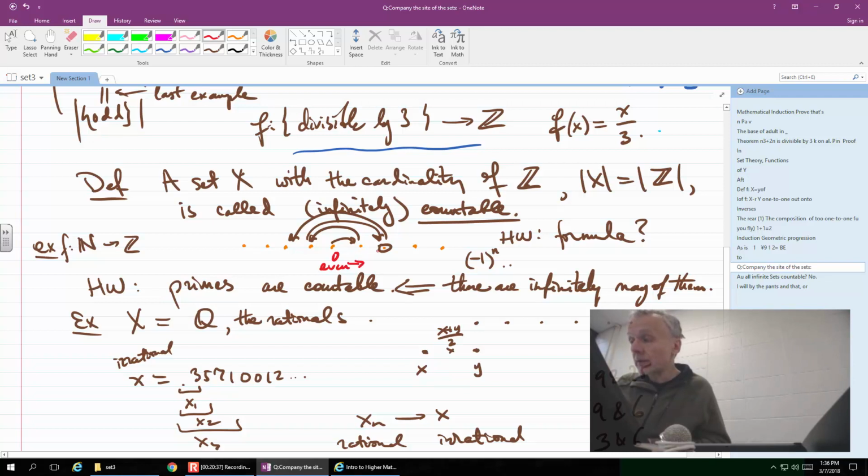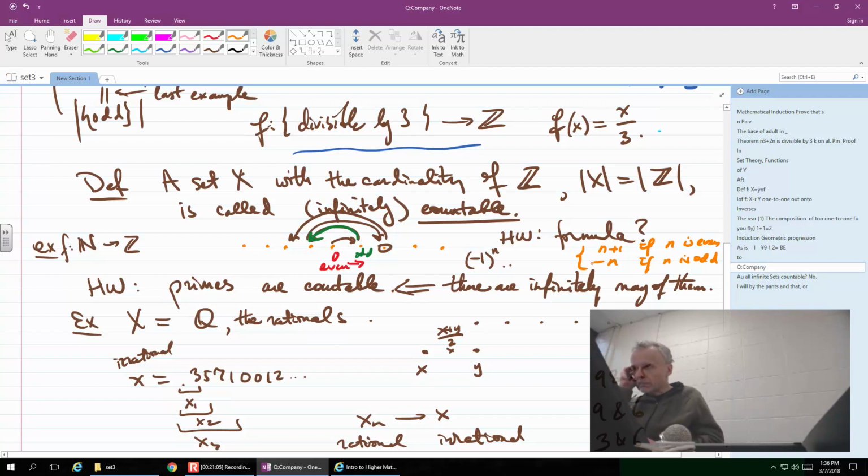I progress this way. If the number is odd, I multiply by -1. So once again, n plus 1 if n is even, -n if n is odd. I think. Well, it might be. What if we are negative?